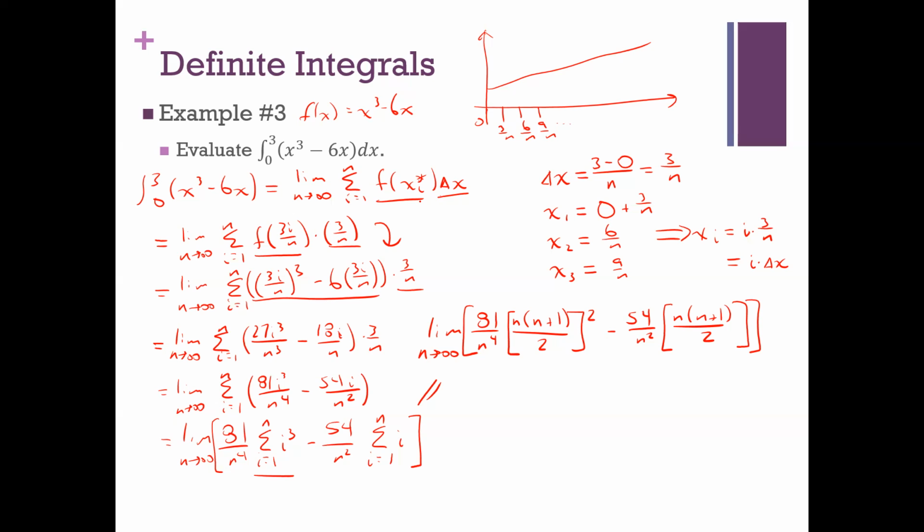Why did we divide by n? Right. So my full interval is 3 units long, and if I have n sub-intervals, each gets an equal piece of that, it'll be 3 over n.